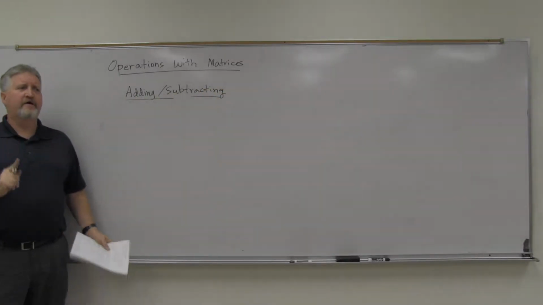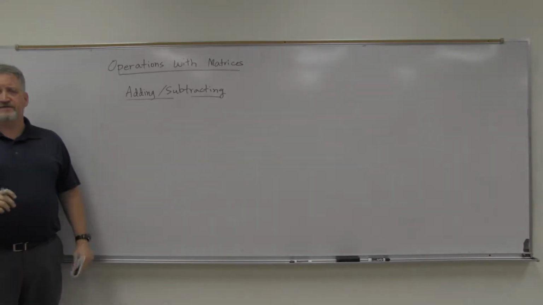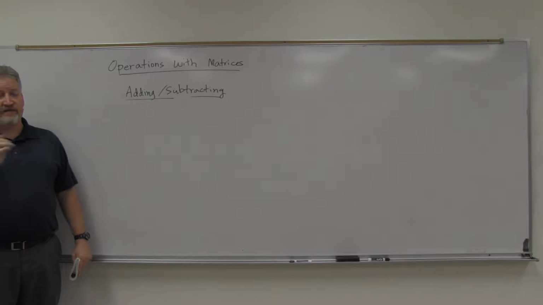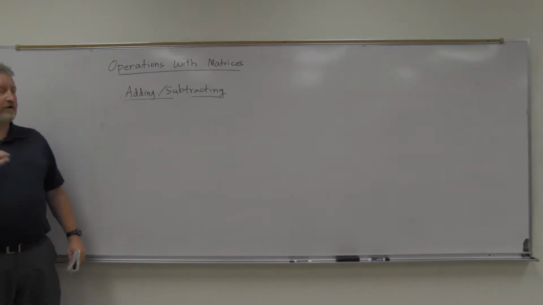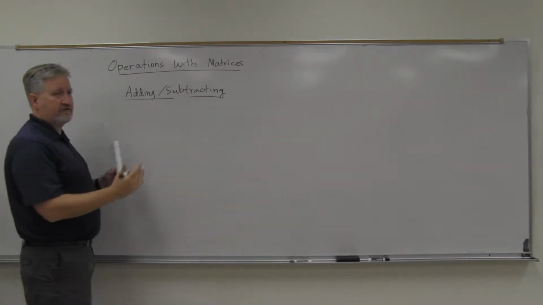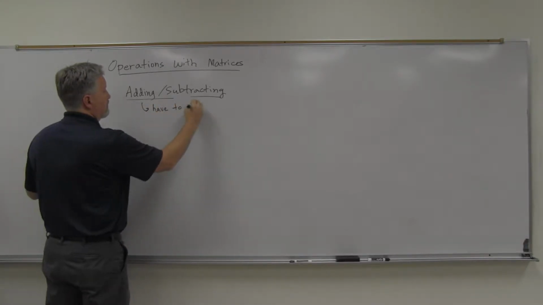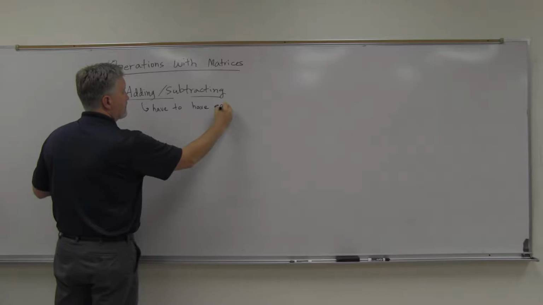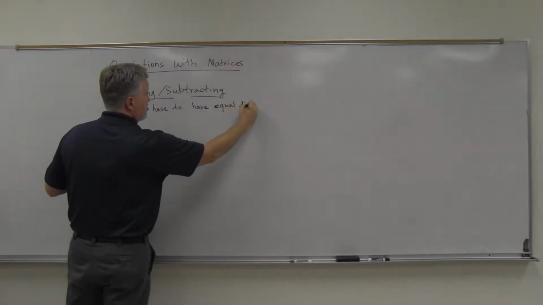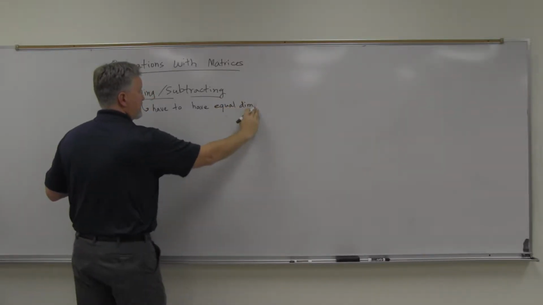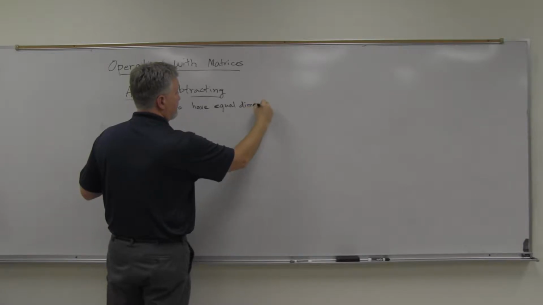The first note on adding matrices is that to add matrices, they have to be equal in size. In other words, they have to have the same dimensions: same number of rows, same number of columns.